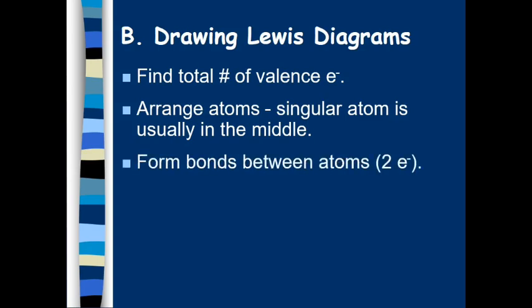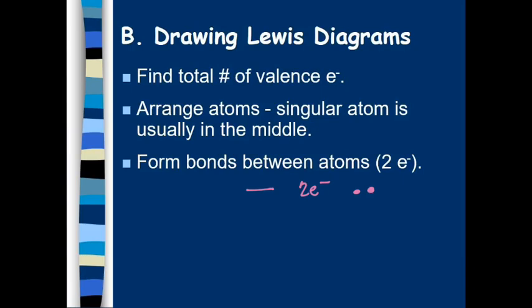Third step, you're going to form bonds between two atoms. So between your central atom and surrounding atoms, a bond is a dash. The dash represents 2 electrons. So a dot and a dot are the same as 1 dash. You can only have the dashes, though, between 2 atoms.